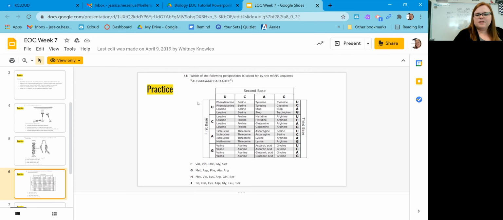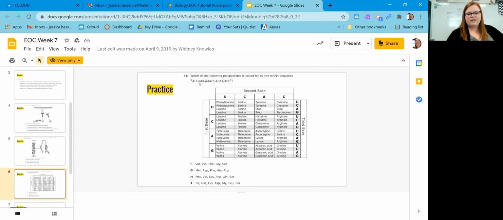So like test taking strategy, if you don't need to translate the entire thing, don't translate the entire thing. We already eliminated F and J. So methionine or methionine. So now we need to see if the second codon gives us ASP or valine or asparagine or valine. So GUU is the next codon in our sequence.